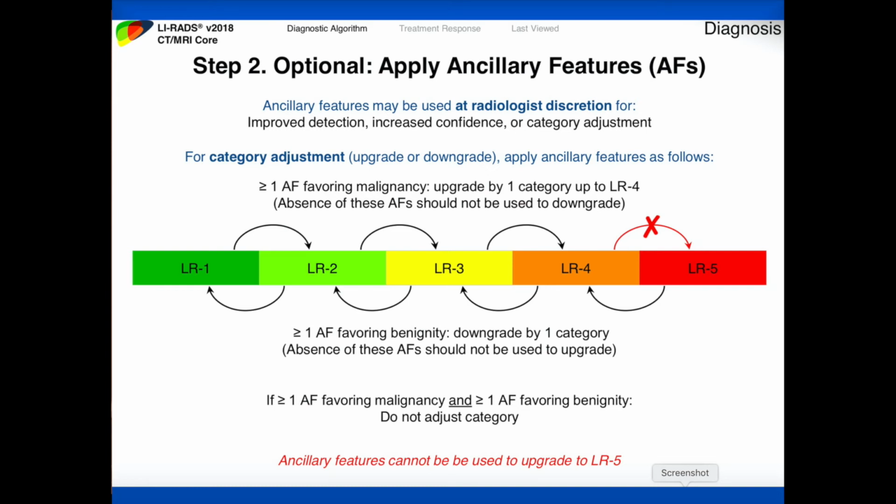Notice that if you have any combination of opposing ancillary features, whether it's 1 favoring HCC and 5 favoring malignancy, they just cancel each other out. So any opposing ancillary features cancel each other out and we don't use them.